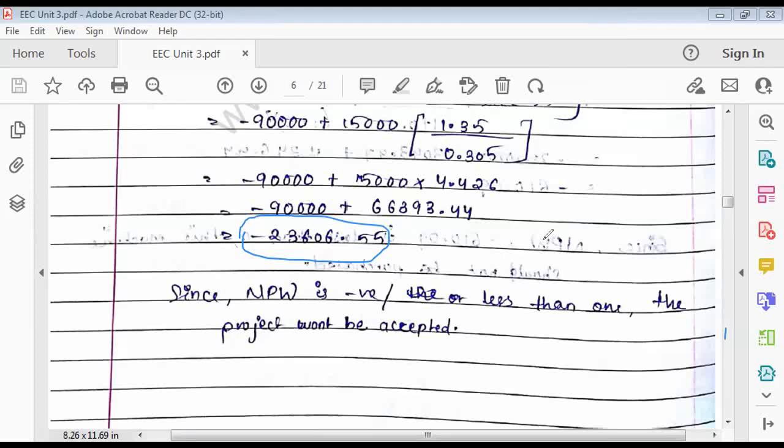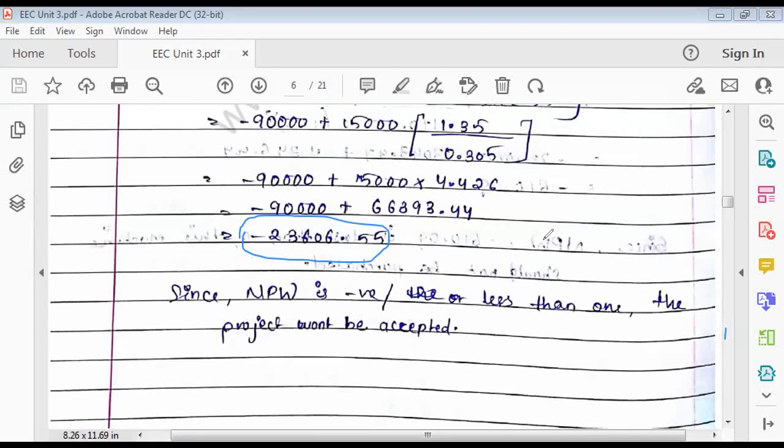And since just a while ago I was reminding you what is the decision rule for the present worth method for a single project, and according to that decision rule, since NPW is less than 0, because we got NPW in negative, that is why your answer should be the one that you see on your screen.